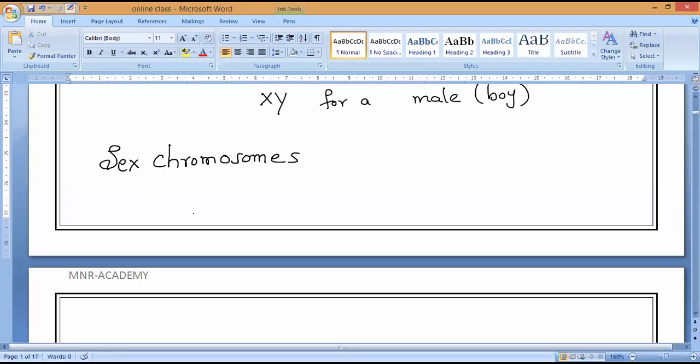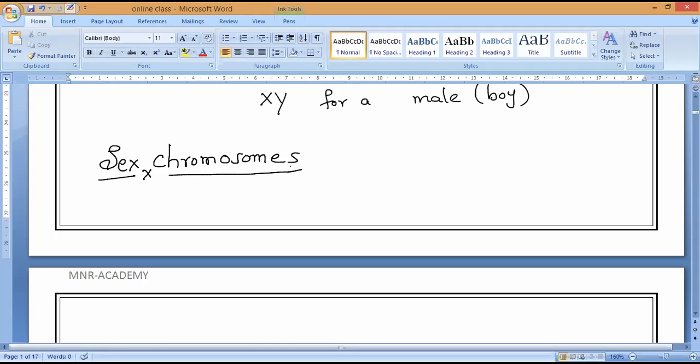Do you understand? Please all of you note it down: the chromosomes which decide the sex of a person are called sex chromosomes.